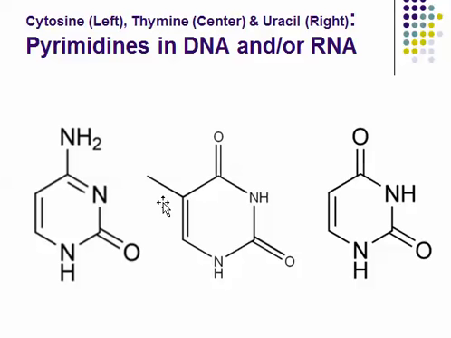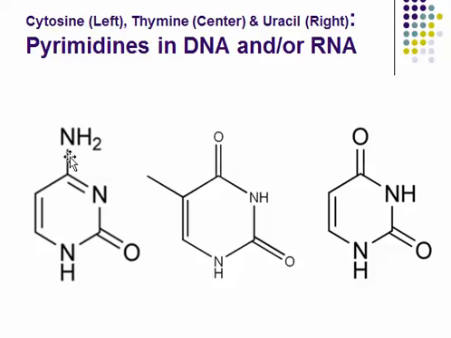So memorize these structures, know them. There's only slight differences between them. It seems like a lot, but it's not. The foundation is all there. It stays the same. It's just different groups that get placed on them. That's all there is. So if I take a look at these three pyrimidines, well, the only difference between these two is the methyl group.